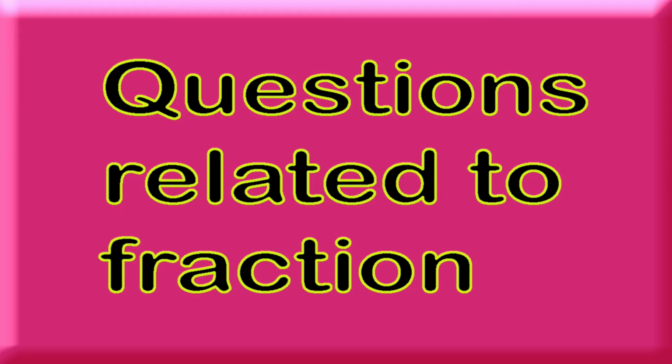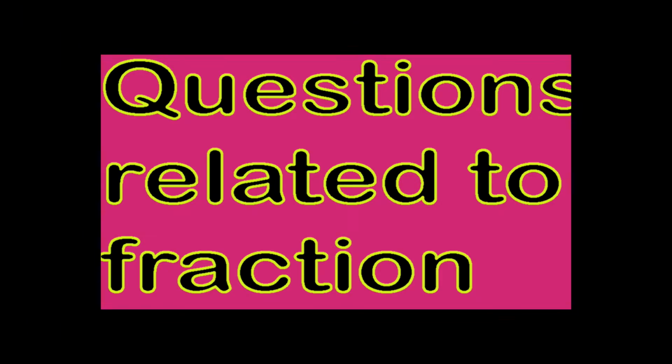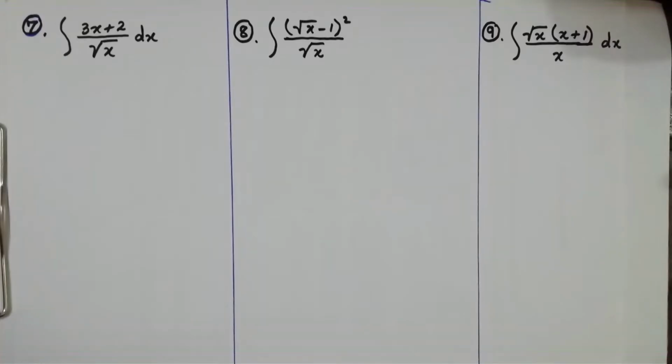Now we move toward questions related to fraction form. Questions number 7, 8, 9 are related to fraction form. But remember, in these types of fraction form, in their denominator there will be only one term. Either the fraction is proper or improper.